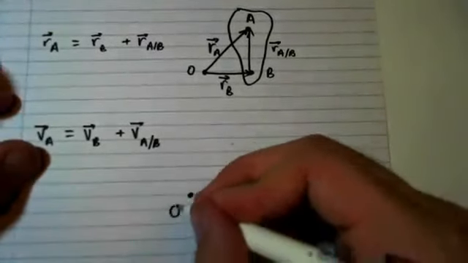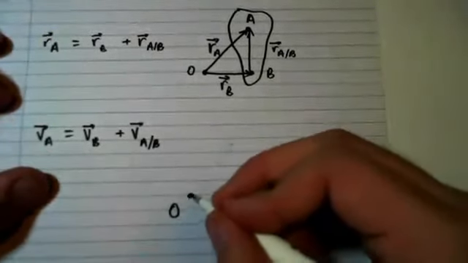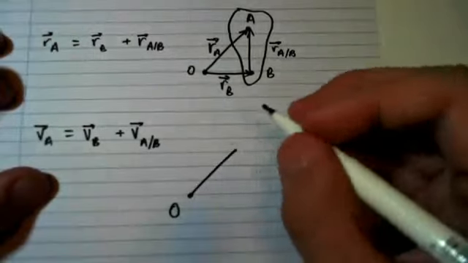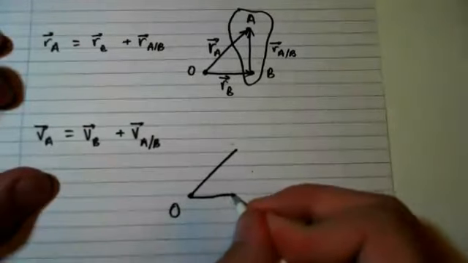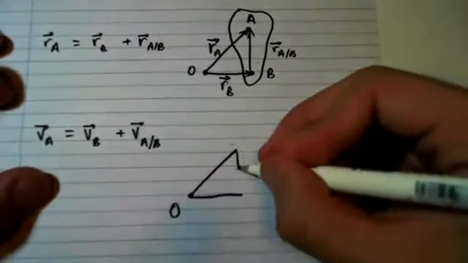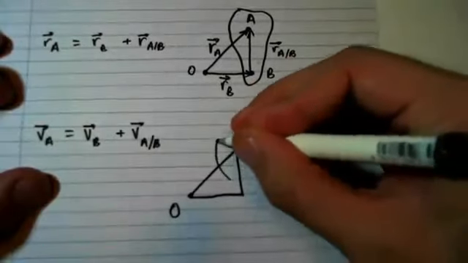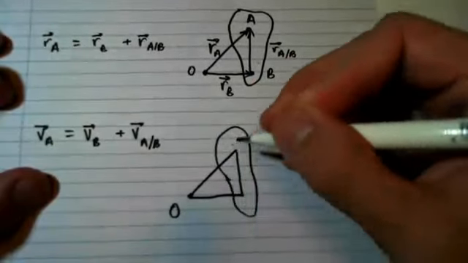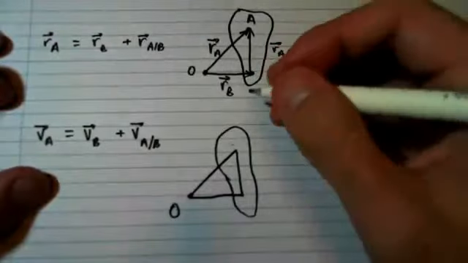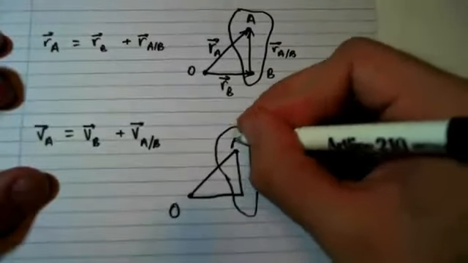If we have an origin here, we still have the same position vectors, the same kind of rigid body shape. It's a bit different, but it's a general shape, okay?